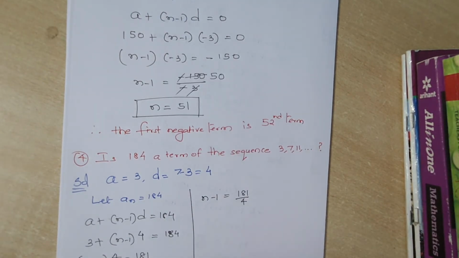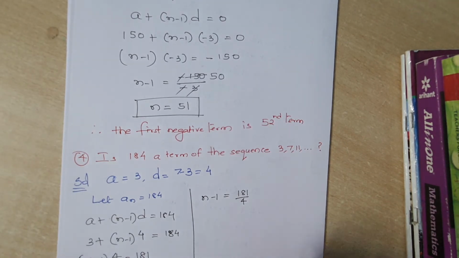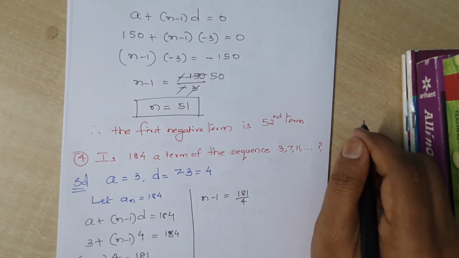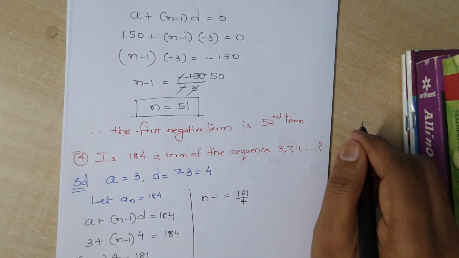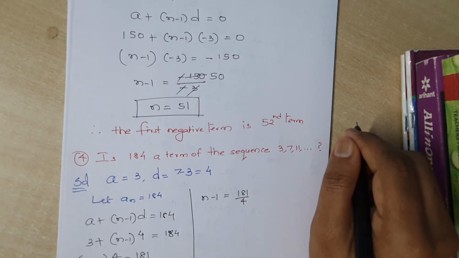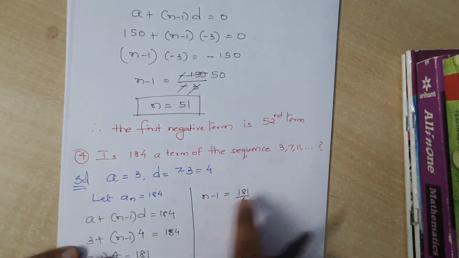Now if we cancel, it will become 4 times 4 16. Let me check. Is there any mistake? No, there is not. Okay, so we will transpose this also.